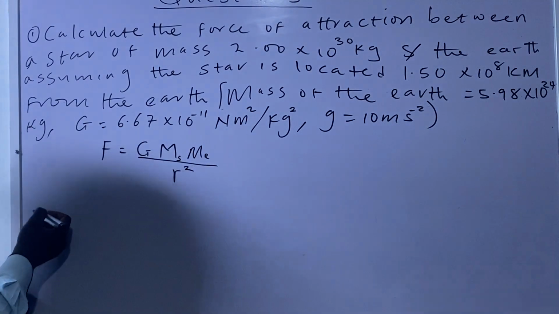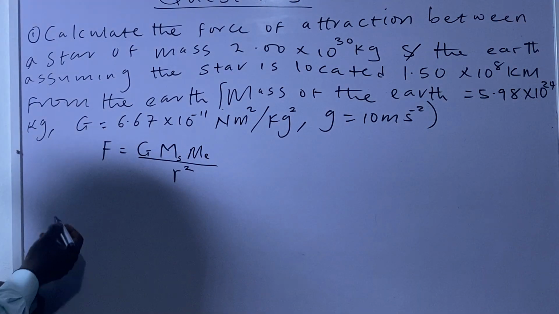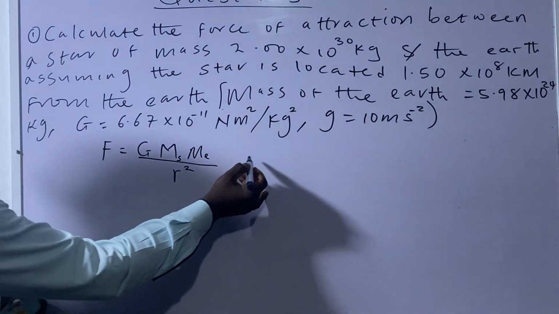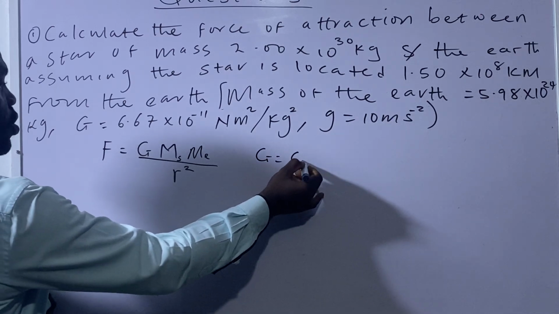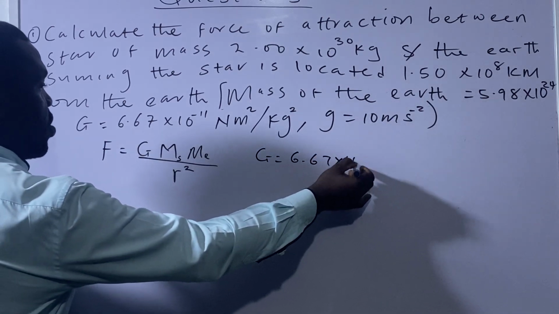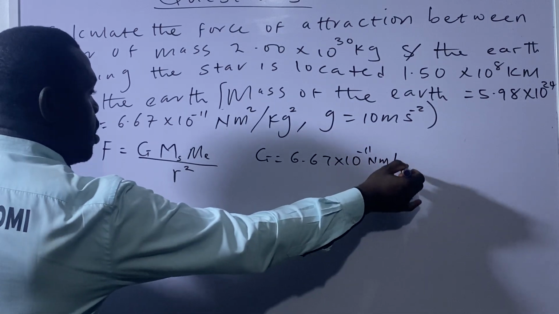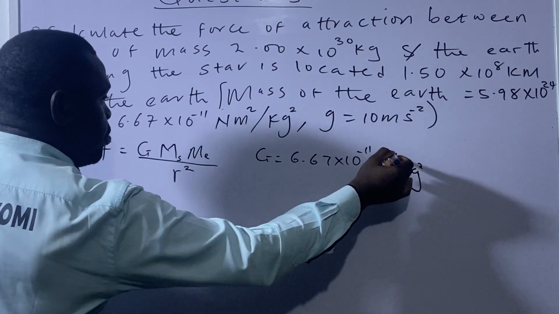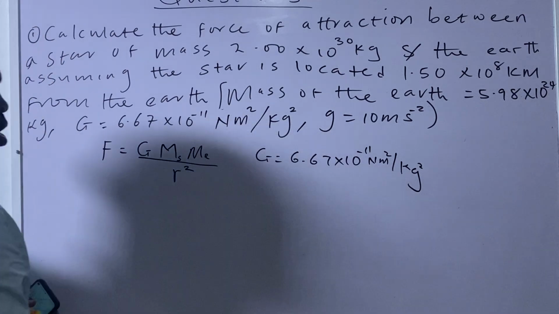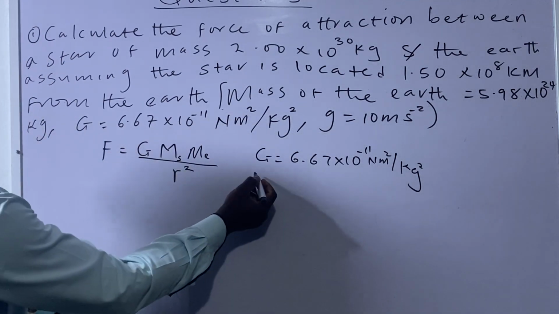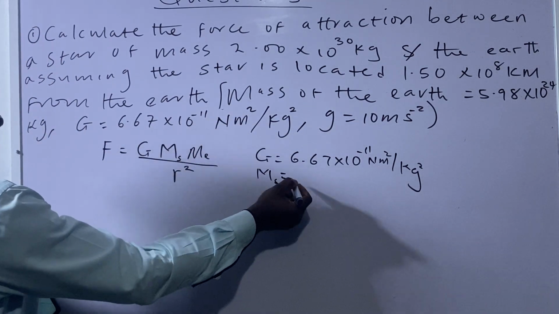So let's find out the parameters given to us. We know this parameter G, we know that is 6.67 times 10 raised to power what? Minus 11. I did say that in the last video. Okay, and then the mass of the star is given. What is it?